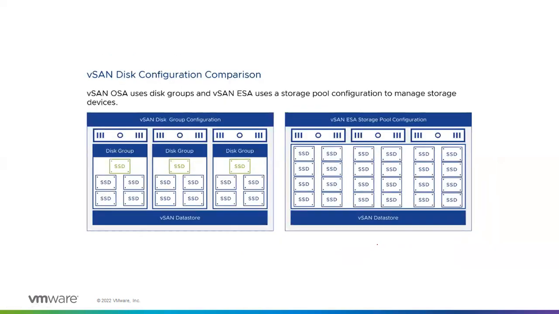Then if we look at the disk comparison between OSA and ESA, within a disk group there was one cache disk mandatory to make a particular disk group. But here it's simple: you don't need to create a separate disk group. You are just going to claim your disks directly. Definitely cache will reside somewhere, but it's not a dedicated cache.